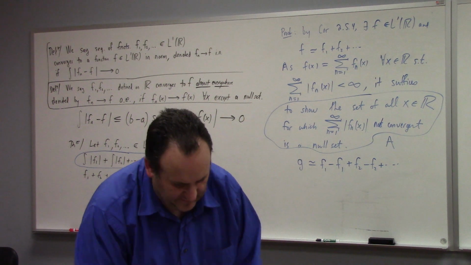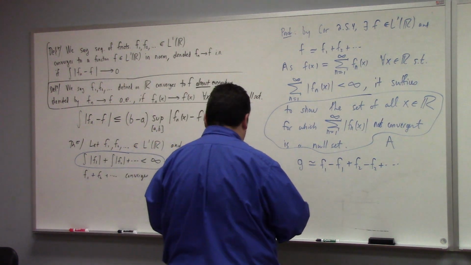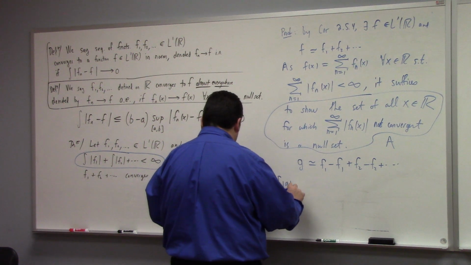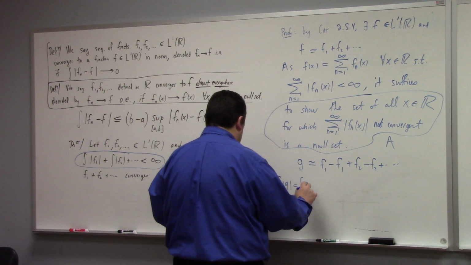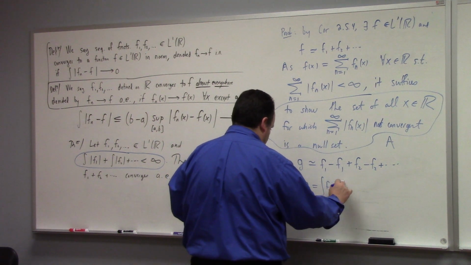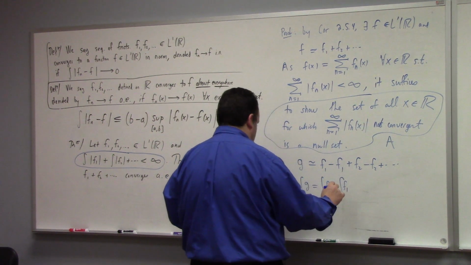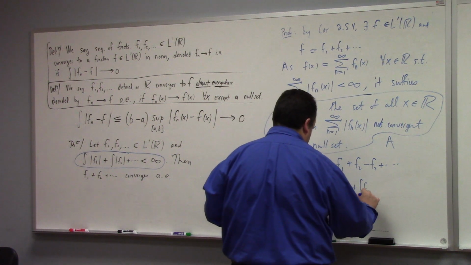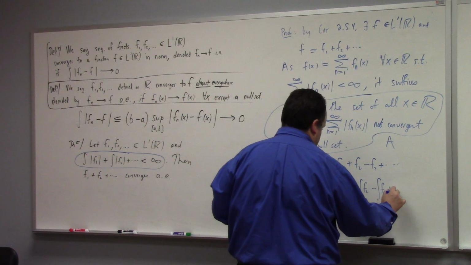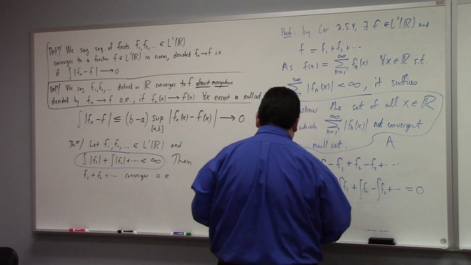Well, the next thing he does is he integrates this G here, right? And the integral of the absolute value of G is the integral of G, which is equal to the integral of F1 minus the integral of F1 plus the integral of F2 minus the integral of F2 plus dot dot dot, which he says is equal to 0.